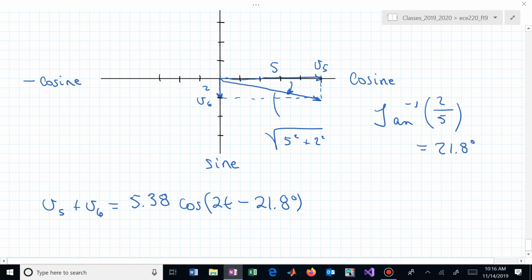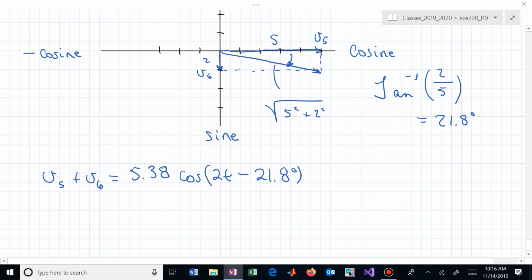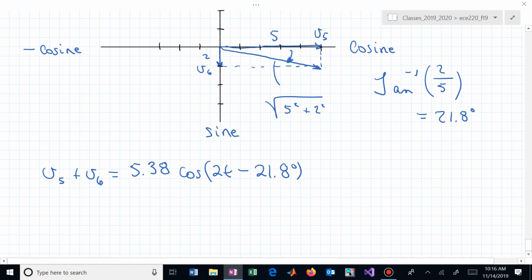Now you could see this cosine more easily than you might see the sine and the cosine together. Now it's one sinusoid, a cosine with an amplitude of 5.38 and an angle of minus 21.8 degrees. Are we clear on where that's coming from?